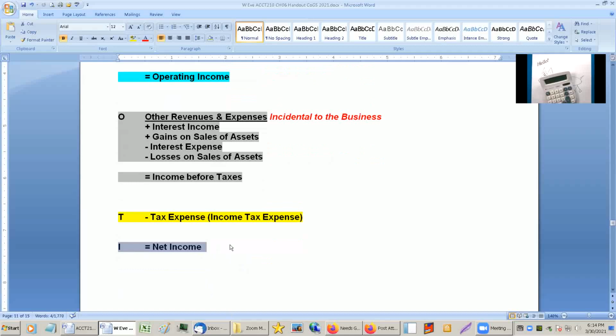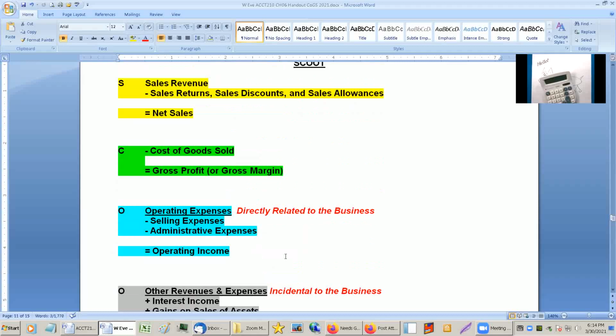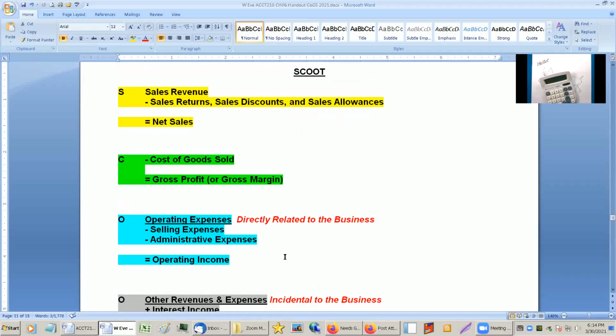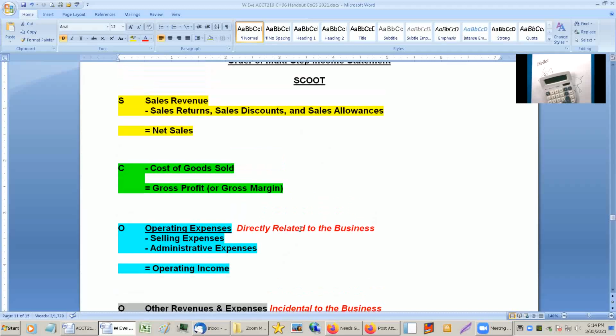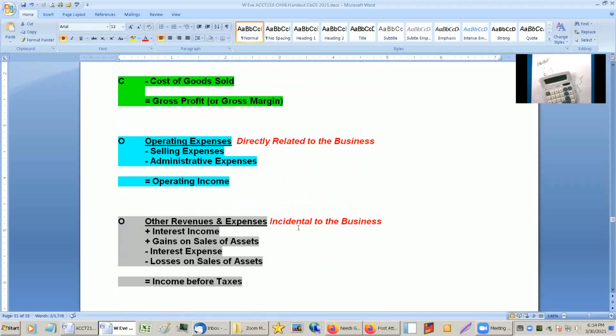So I guess if you want to call it Scooty, that's fine too. But the income at the end is the same income we had before. And by the way, this is really the same as we did before. This is the same as when we did sales minus expenses or revenues minus expenses.